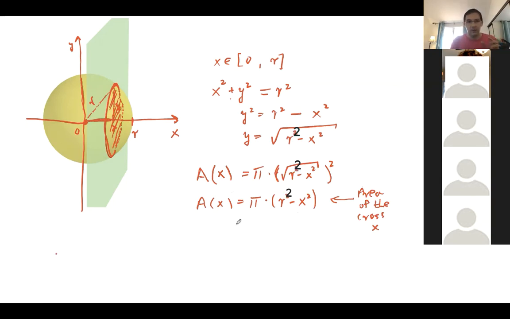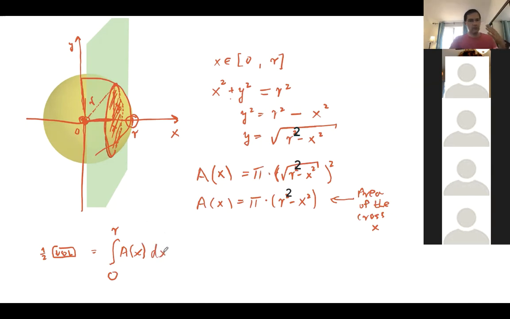Okay, so now the volume of the sphere, and I'll take 1/2 of this. The half of this volume, so this part, is going to be the integral from zero all the way up to the radius, whatever the radius is, of the function A of x, dx.